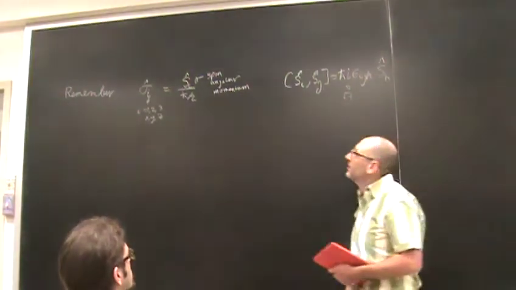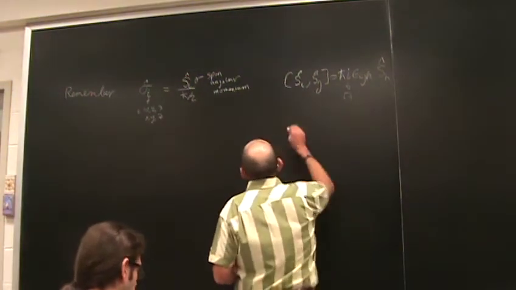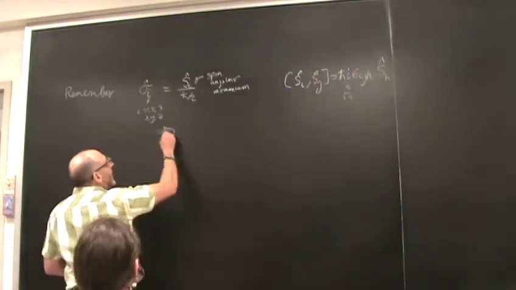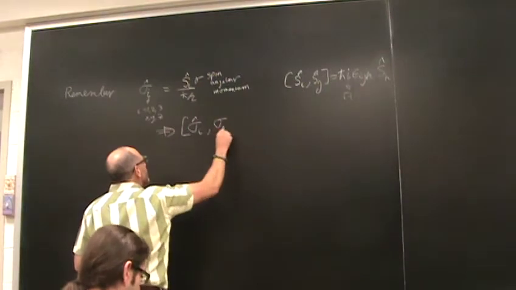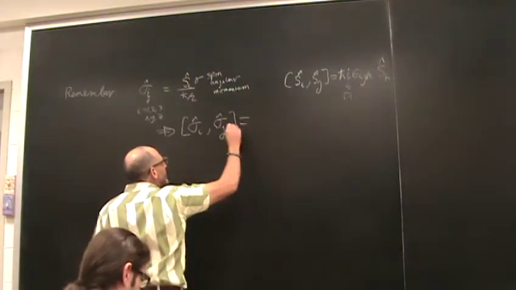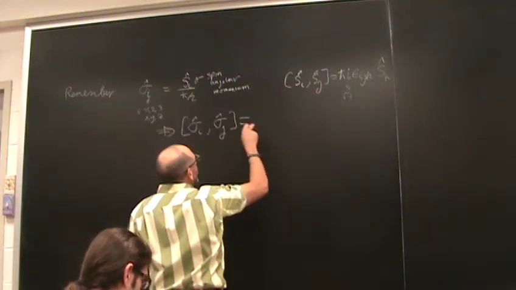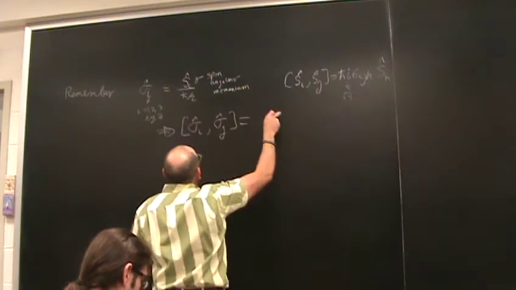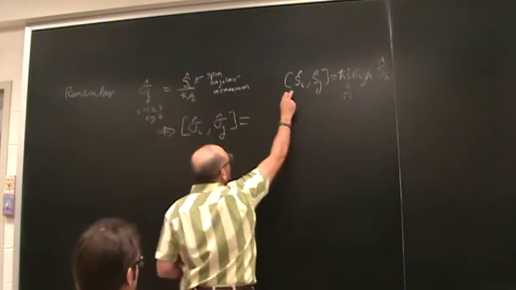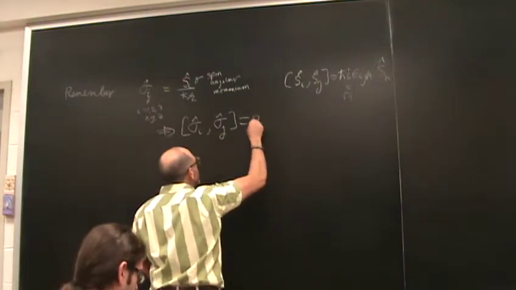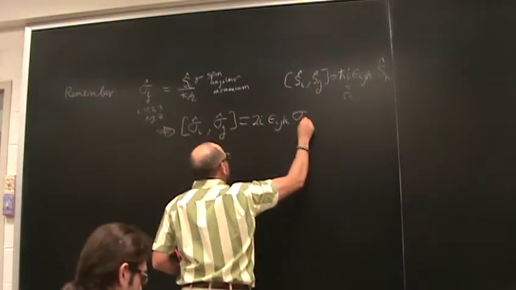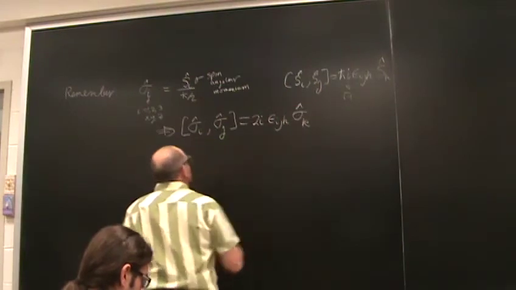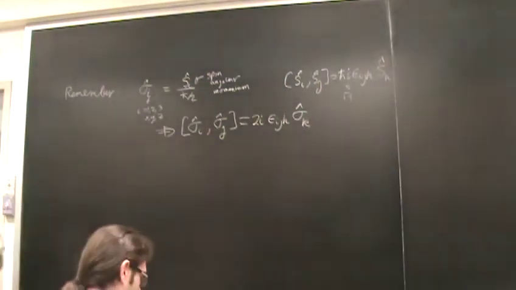Okay? So, what that tells me is that the commutation relation between two Pauli matrices, if I divide all these guys by h bar over 2, is 2i epsilon ijk. Okay, that's where the 2 is.